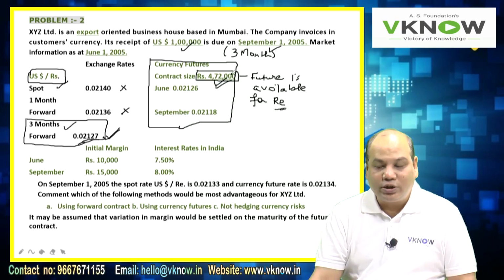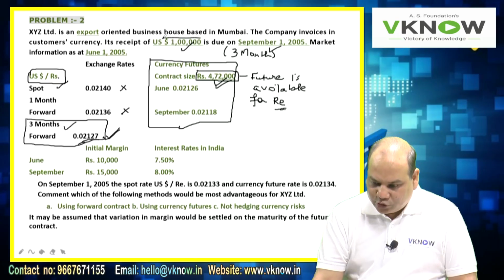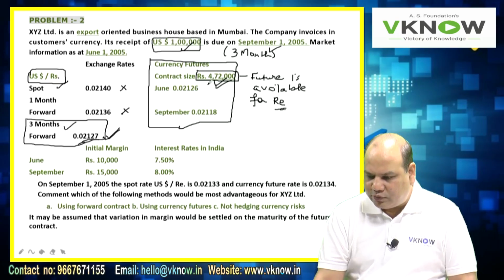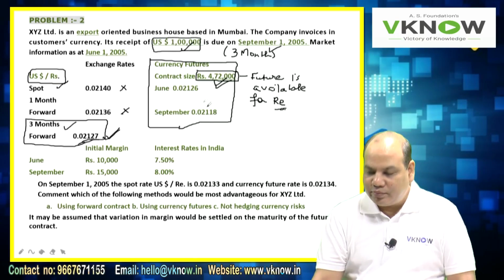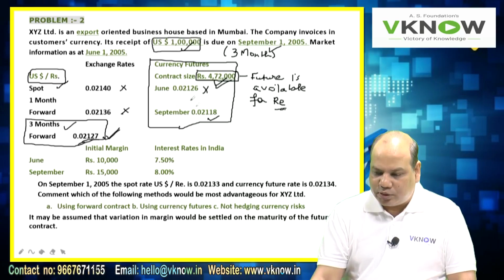So to calculate the number of lots, this is 1 lakh US dollar. This you will first convert using future rate. Here also 2 rates are given, June and September. June is not relevant. We will enter into a September future contract. This is relevant. So the cross marks which I have done are not relevant at all in our problem.